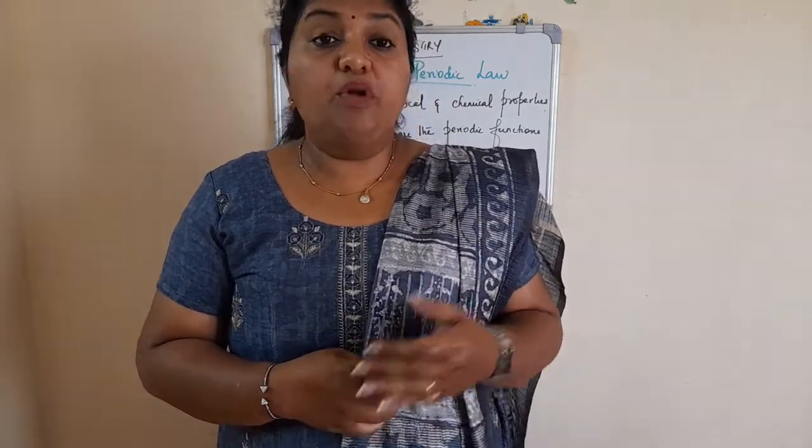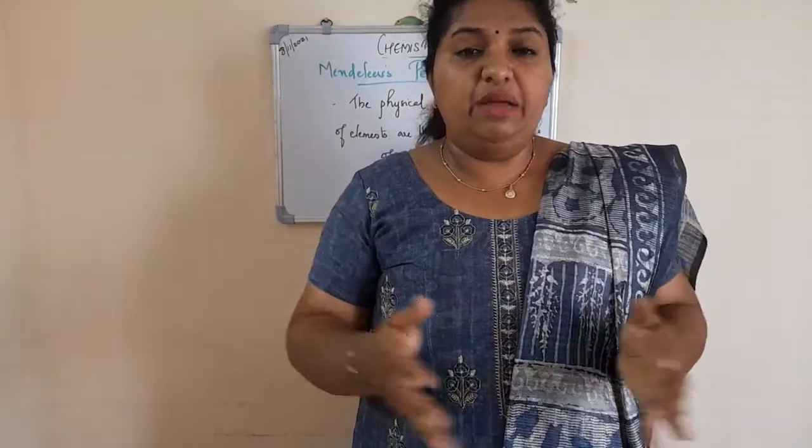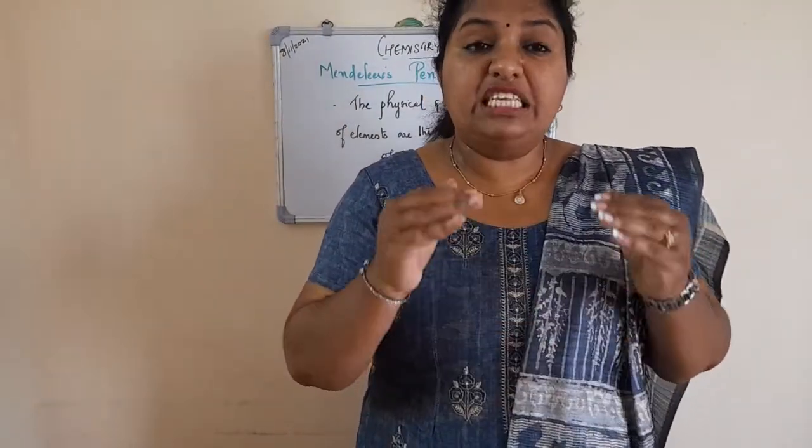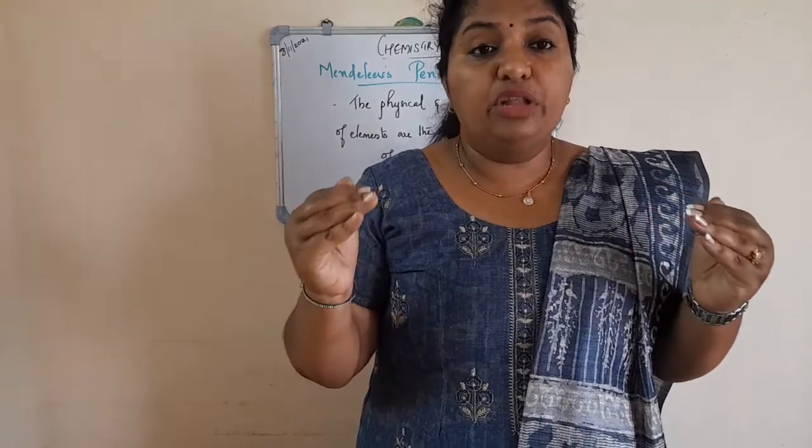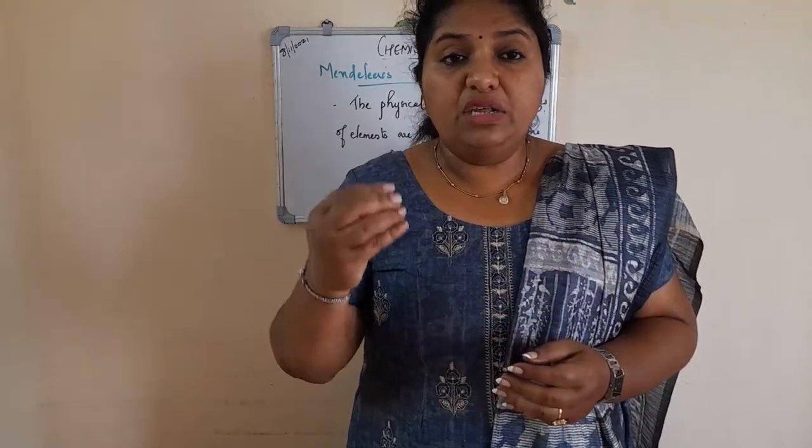The third one was that he could predict the properties of elements which were yet to be discovered. In the periodic table he constructed, he left gaps for the elements which were yet to be discovered, and he also predicted their properties.